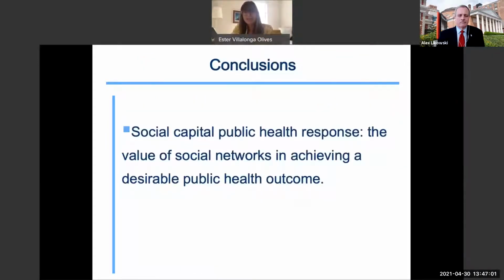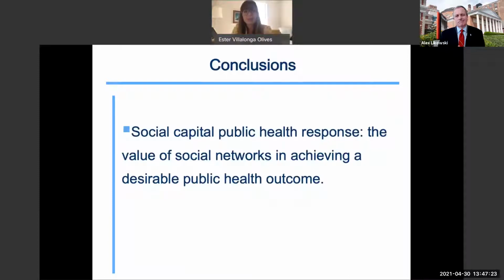So my last slide. When thinking about implementing measures, social capital can play a very important role, right? But first, it's very important to identify the group characteristics and what the target population is if we plan to intervene, if we plan to implement some measures.